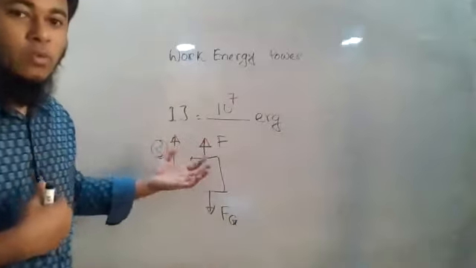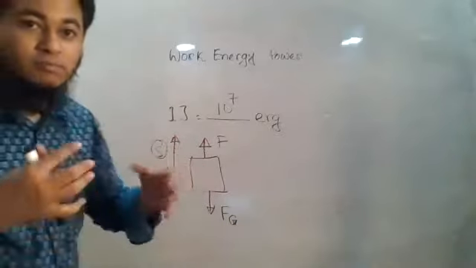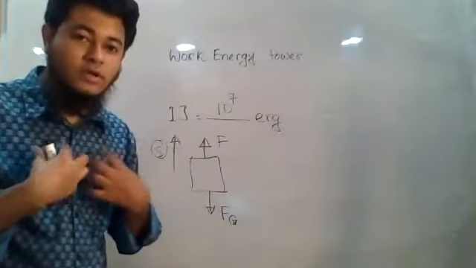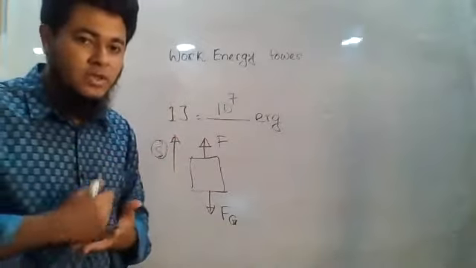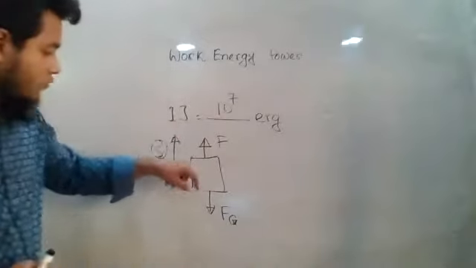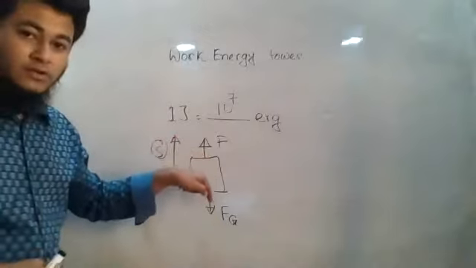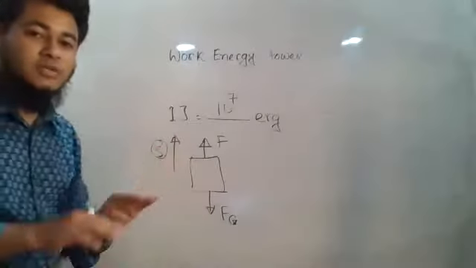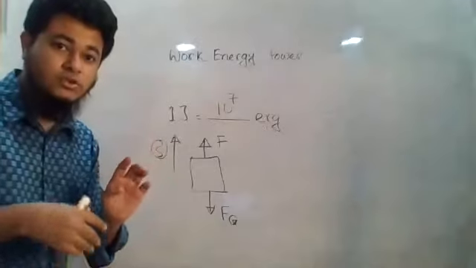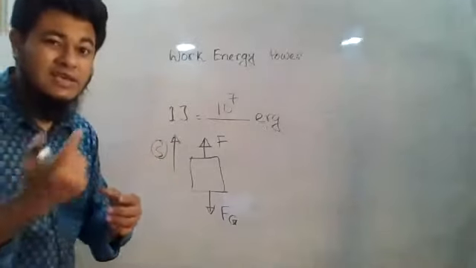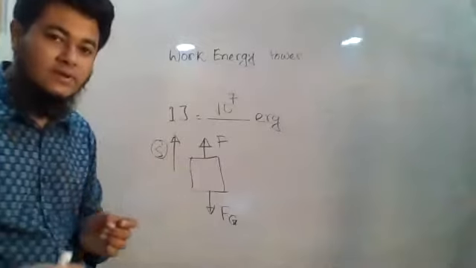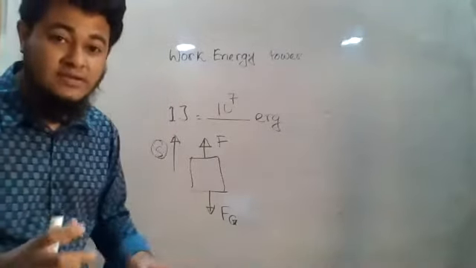That means the work being done here is by the force that I am applying, so that is positive work. But think about the force applied by gravity or the earth. This gravity and the displacement are in the opposite direction. So this is work done against the force, because it is in the opposite direction, and here the work done is going to be negative.